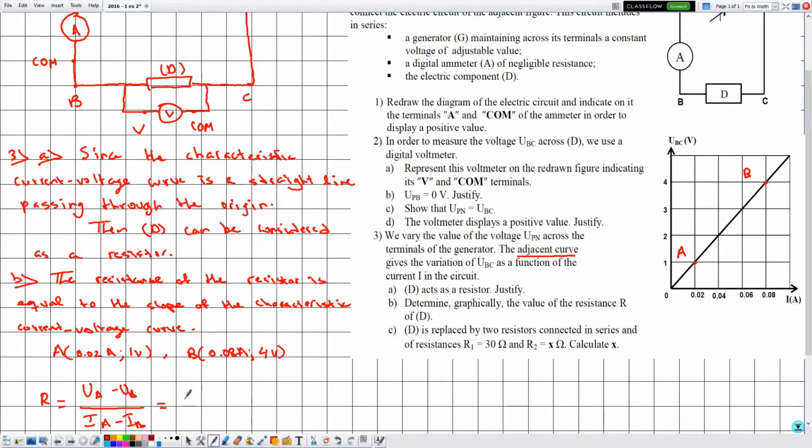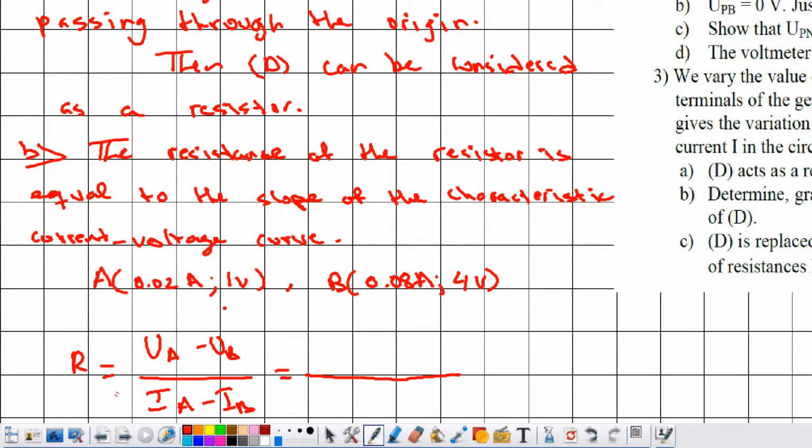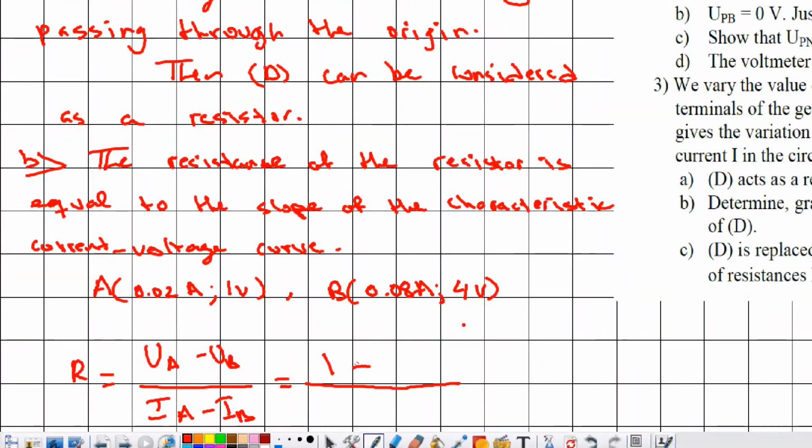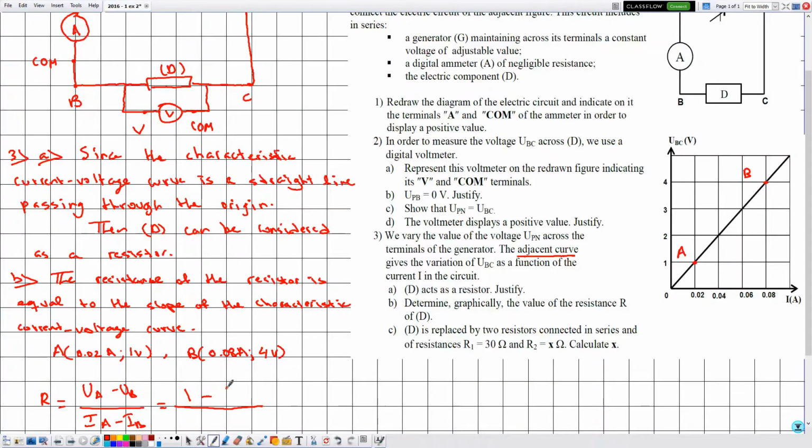Then it's equal to the voltage of the point A, which is 1, and this can be known from the unit, so 1 minus the voltage of the point B, which is 4, over the current of the point A, which is 0.02, minus 0.08, then minus 3 divided by minus 0.06.